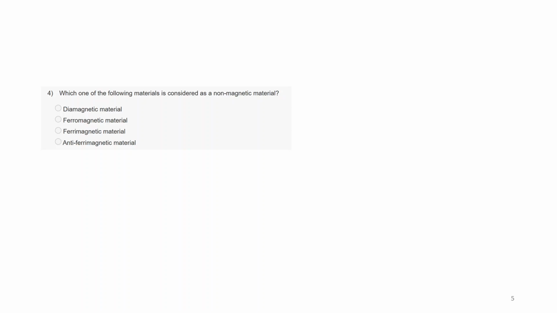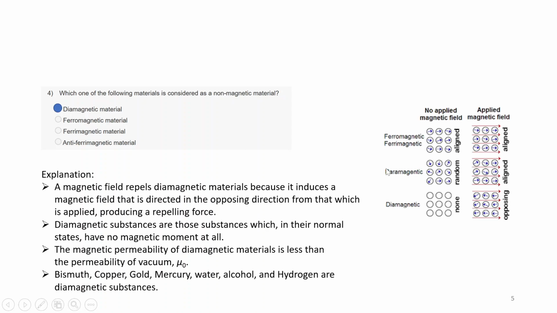Which one of the following materials is considered as non-magnetic material? Your options are diamagnetic materials, ferromagnetic materials, ferrimagnetic materials and anti-ferrimagnetic material. So the correct answer will be diamagnetic materials. This is how your material will show magnetic behavior. If you are not applying any magnetic field, in case of diamagnetic there is no domain structure at all, and after you apply the magnetic field, your domains will be aligned in the opposing direction.